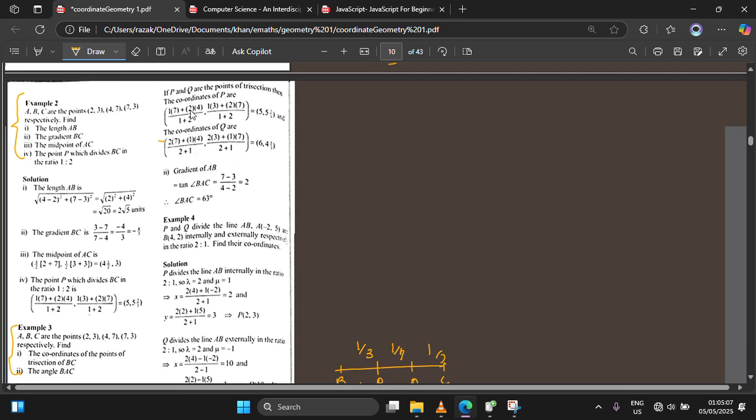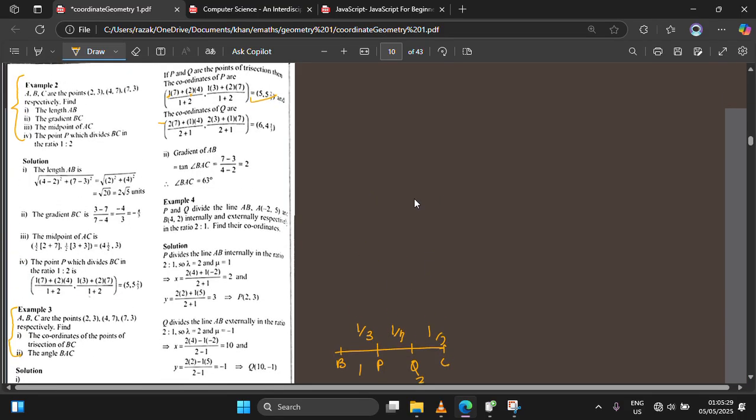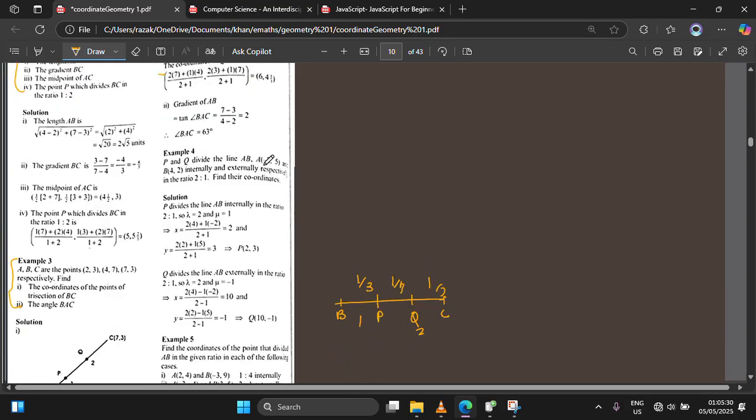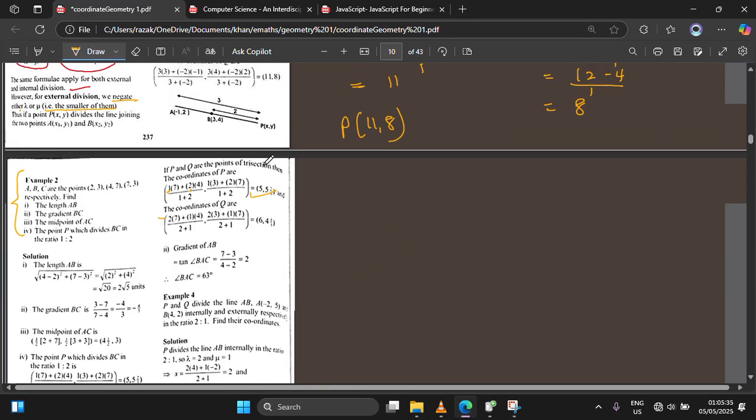So we are dividing the whole BC in the ratio 1 is to 2, and the coordinate of Q is also in the ratio 2 is to 1. Then that's all. So we divide it like that, and then we get the answers. So the answers are here.